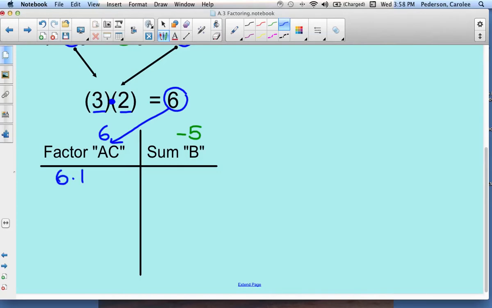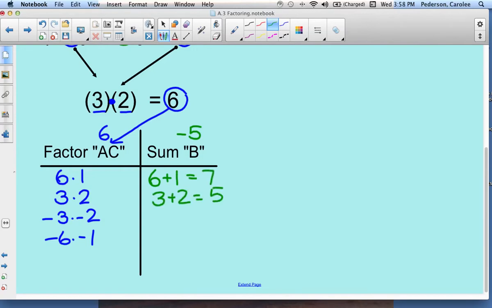Well, I have 6 times 1, 3 times 2, -3 times -2, -6 times -1. And I'm going to add those numbers together. So 6 plus 1 is 7. 3 plus 2 is 5. -3 plus -2 is -5.